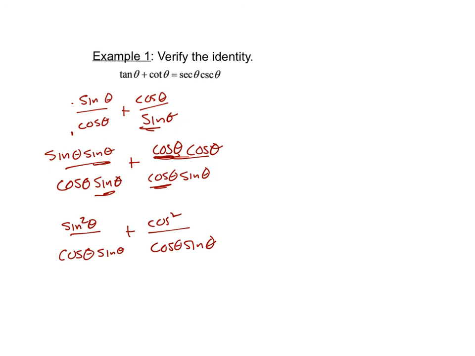So then I can put this together, and I'm hopeful that you guys are starting to see that sine squared and cosine squared together just give you 1.